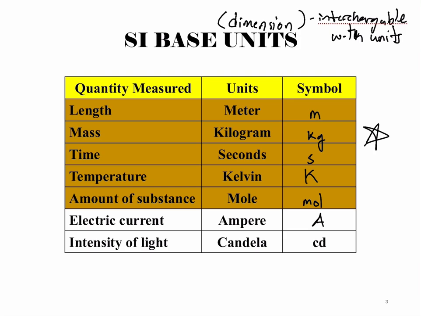And then intensity of light, that's a candela, represented by cd, but these are not so important. Once we talk about more abstract ideas like current and luminosity, we need different standardized units. But if you go far enough into physics, you'll find that an ampere is really still a combination of some of the other units: seconds, length, and mass usually as well.